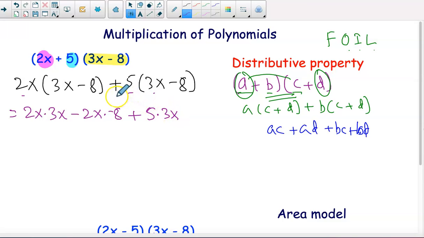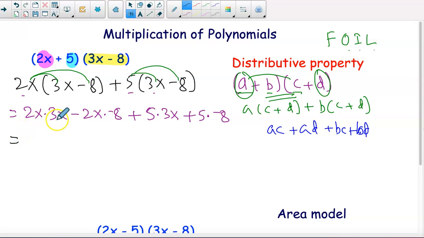Now you see here plus and minus becomes a negative. I can show it in the next step. Plus 5 times negative 8. You all got it. So this one, 2x and 3x, 2x and 8, then 5 and 3x, 5 and 8. Let us find those products.